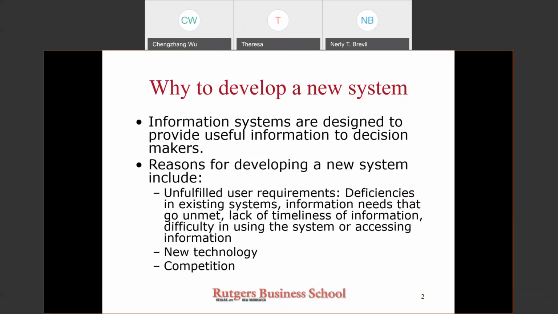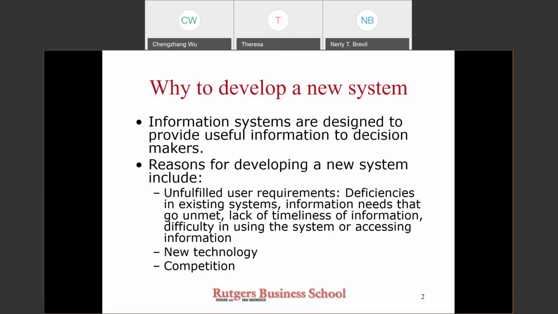Deficiencies in existing systems, such as information needs going unmet, lack of timeliness of information, or difficulty in using the system, are examples of user complaints that spur the development of a new system.